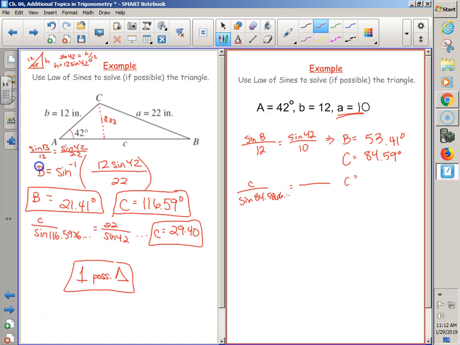Has anything changed yet, guys? Except for my 10? So why is this guy 2 possible triangles instead of 1 possible triangle? Let me finish plugging in. Sine of 84 point blah, blah, times 10, moving him to the other side, divided by sine of 42, 14.88. Done.